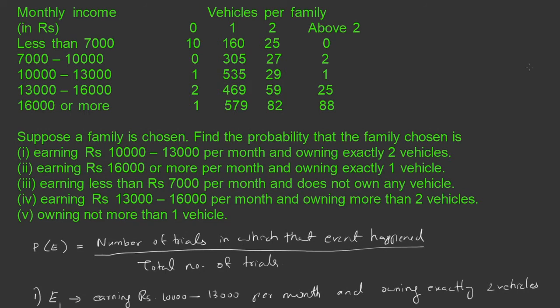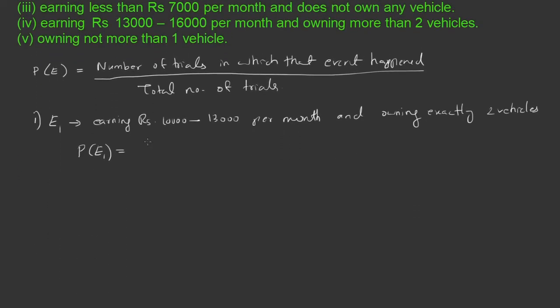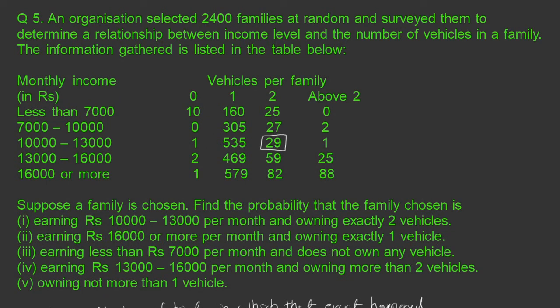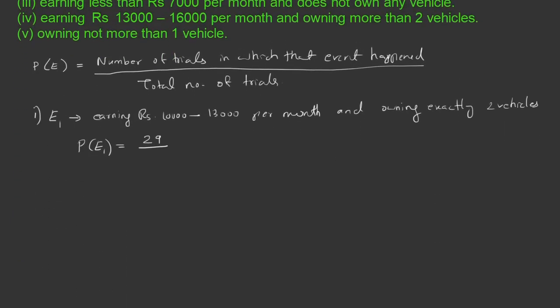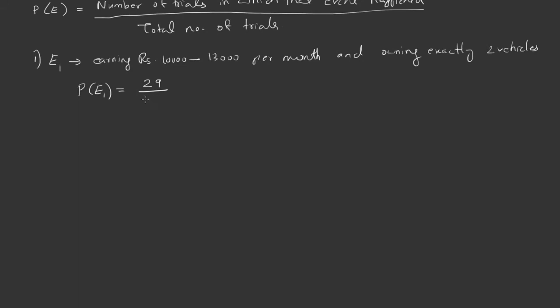That is, how many families with income 10,000 to 13,000 are having 2 vehicles. The data I can easily find is this one, that is 29. So, the answer is 29 divided by total number of families. It is already given that total number of families is 2,400. So, P(E1) is equal to 29 divided by 2,400.